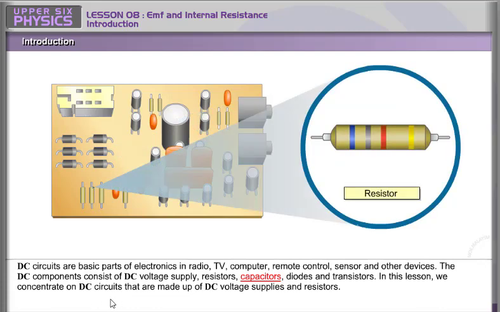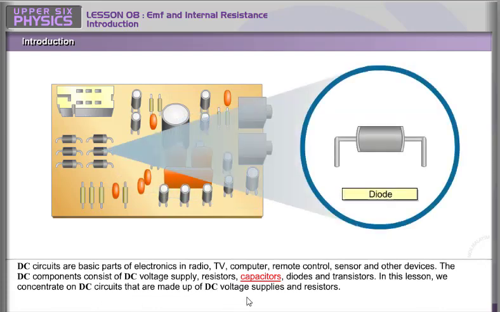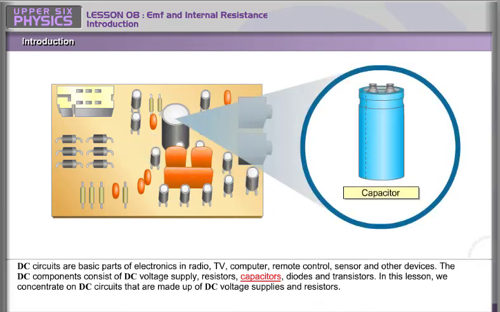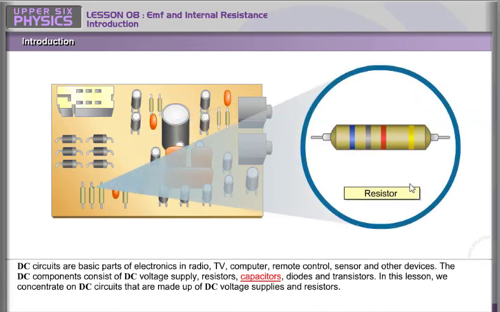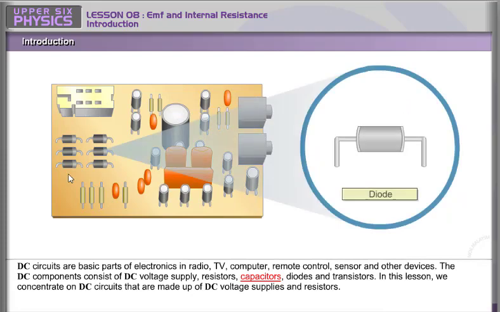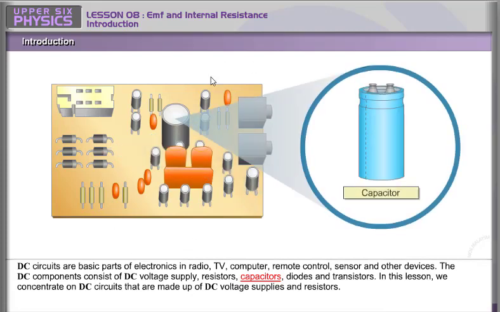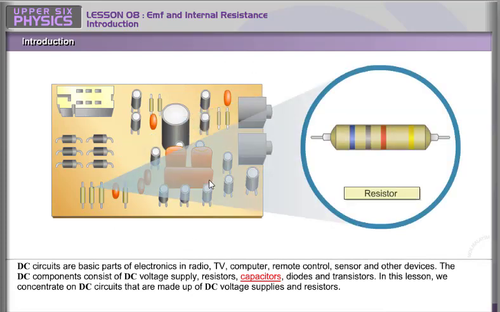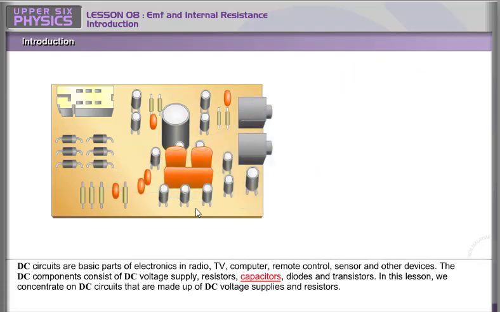They're made up of DC voltage supplies and resistors. Okay, so this is a circuit, alright. So in the circuit you have a lot of components. If you are an engineer, you must know all these components, resistors, diode.